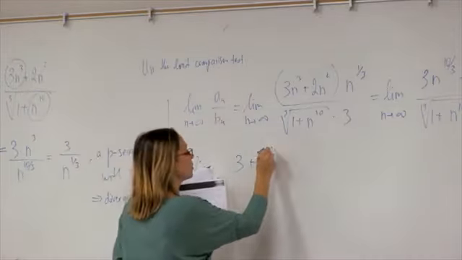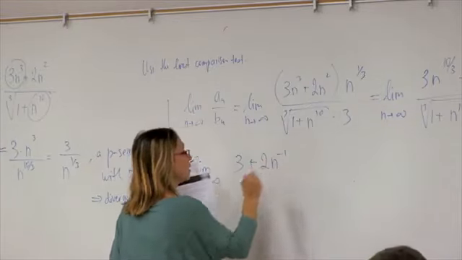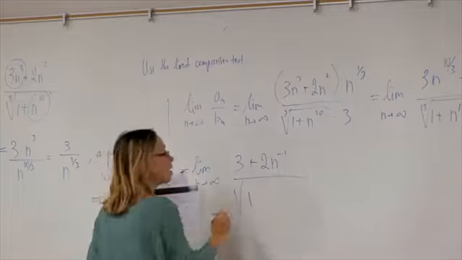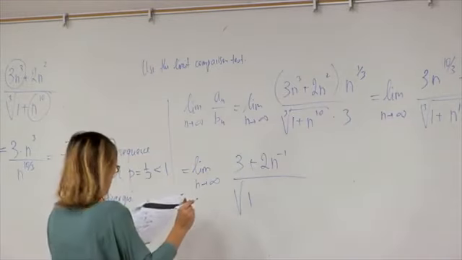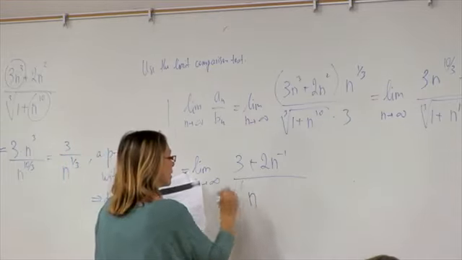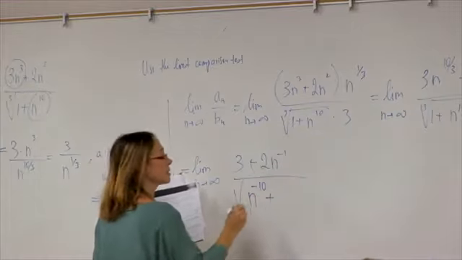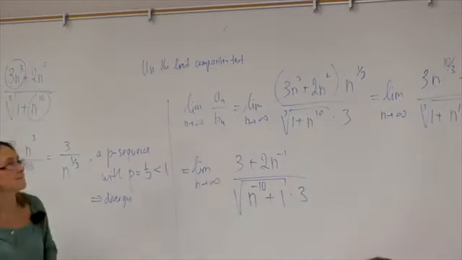So minus n to the minus 1, right? I think. And here I have 1 over n to the 10, plus 1 over 3. Okay?